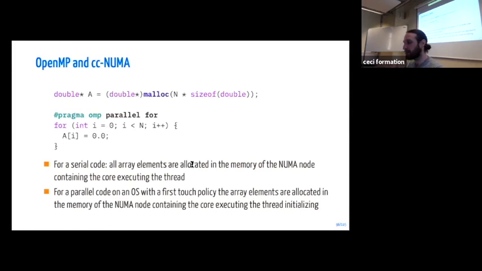For a serial code, if you allocate memory and then execute it, then all the memory that you allocated, if there is enough space in the NUMA node, will be close to the core where you are executing, if you have pinned your application.